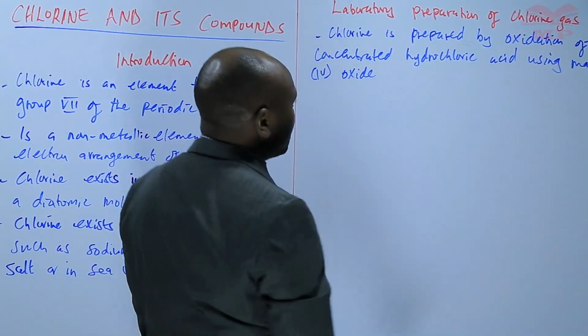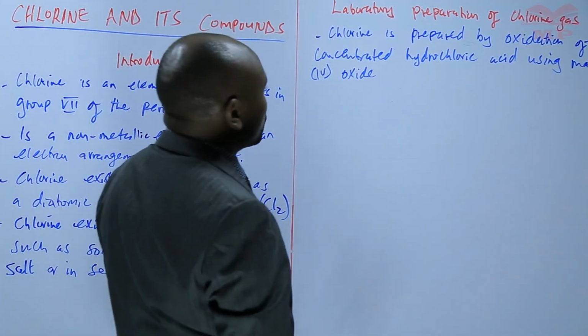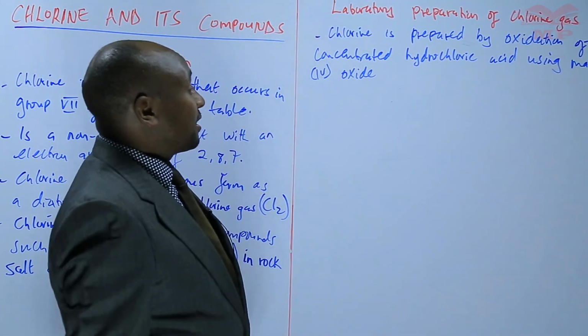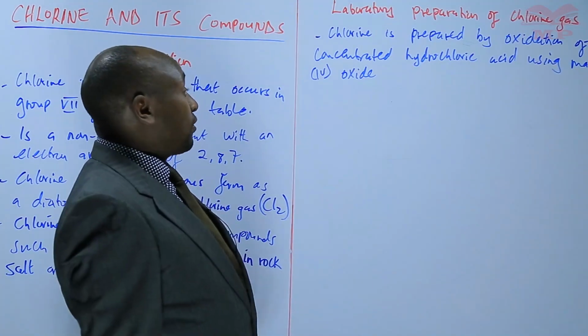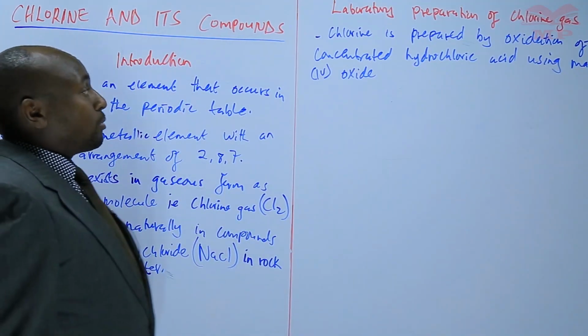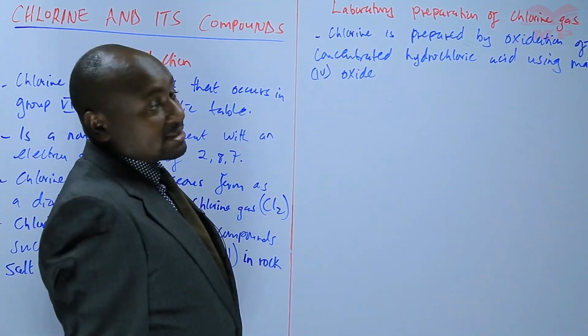We can use manganese 4 oxide. We can also use potassium manganate 7. We can also use lead 4 oxide. All those are suitable oxidizing agents that can be used.